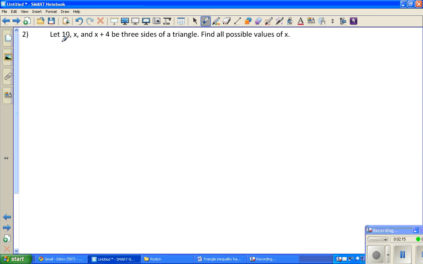Now, in this case, we have 10, x, and x plus 4 as the three sides of the triangle. Now, as we mentioned before, we could apply the same principle. By the triangle inequality, we could realize that x plus 4 could quite possibly be the largest side, which lets us know that the sum of the other two has to be greater than the last one.